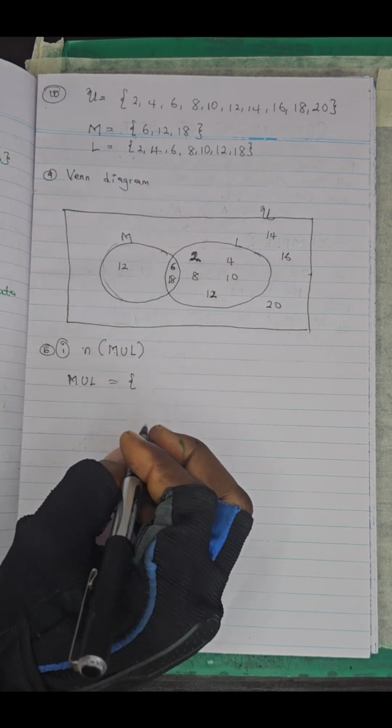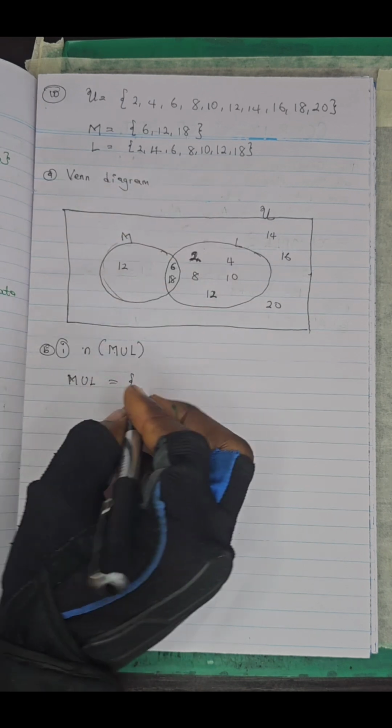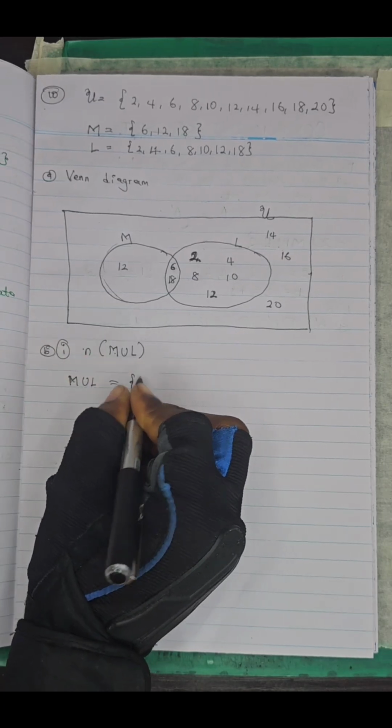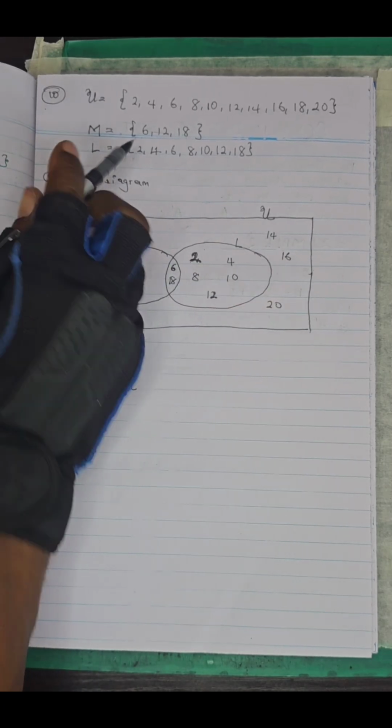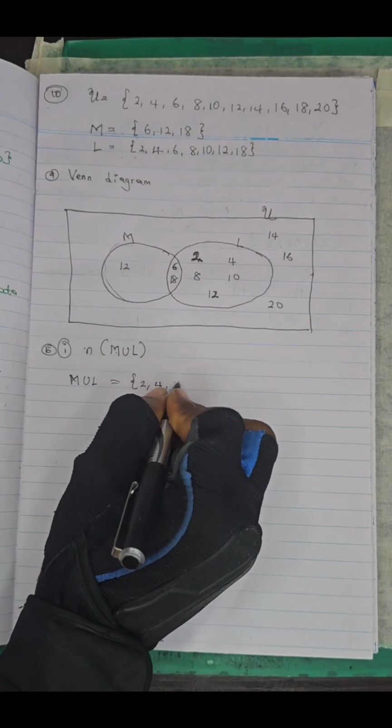So let's start from L. We've done this already in the previous one, and what we got from question 9, okay, let's do it again. You have L, 2, 4. I'm writing out everything I have in L already.